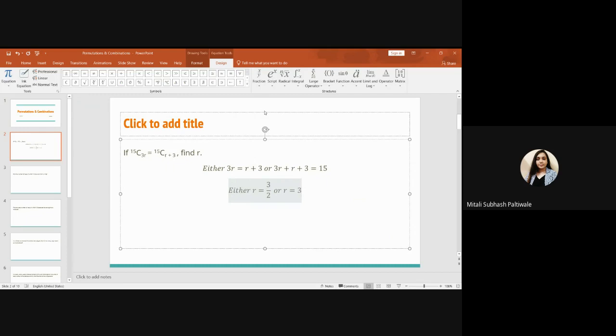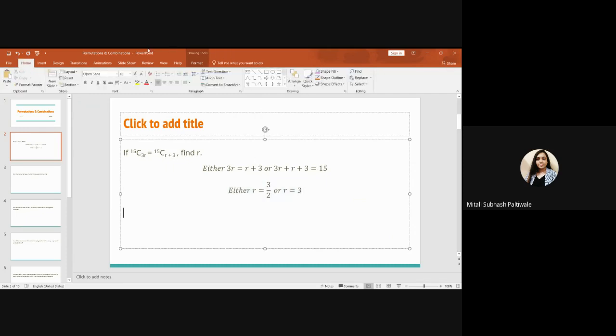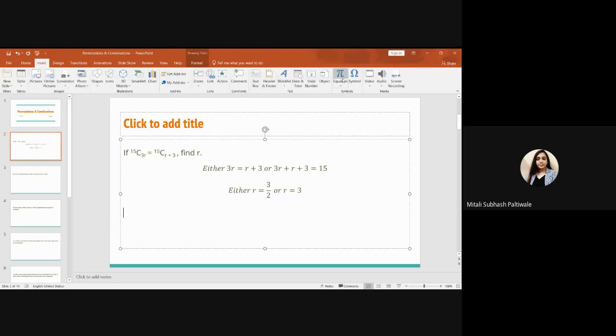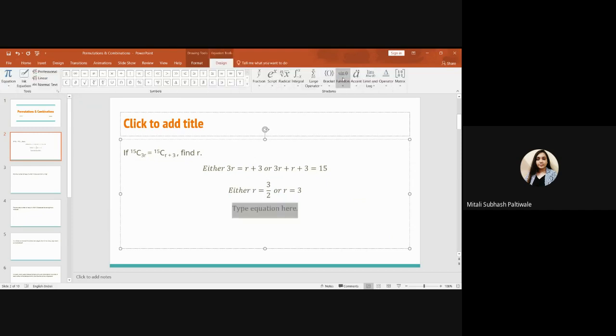If r cannot be a fraction, then r has to be an integer or a natural number. So, since r cannot be a fraction, r is equal to 3. And that's it.